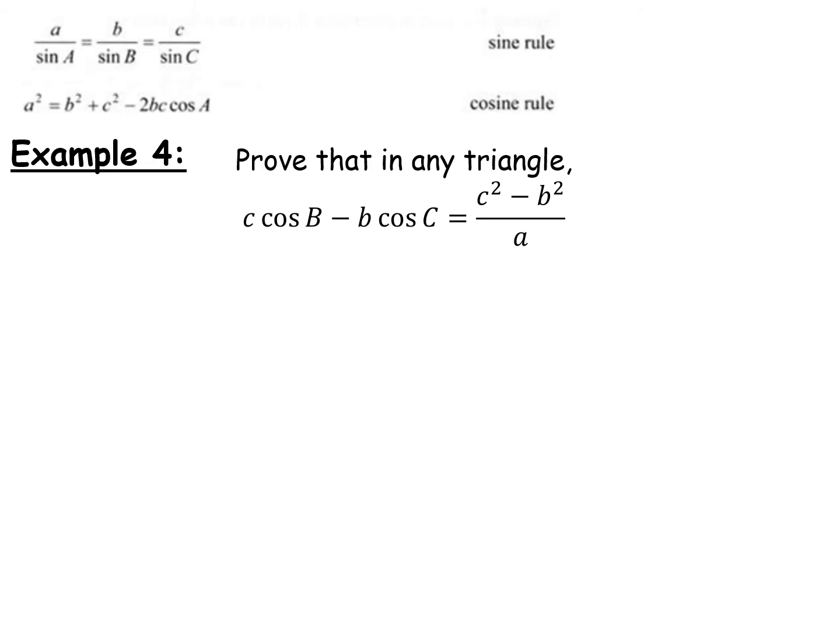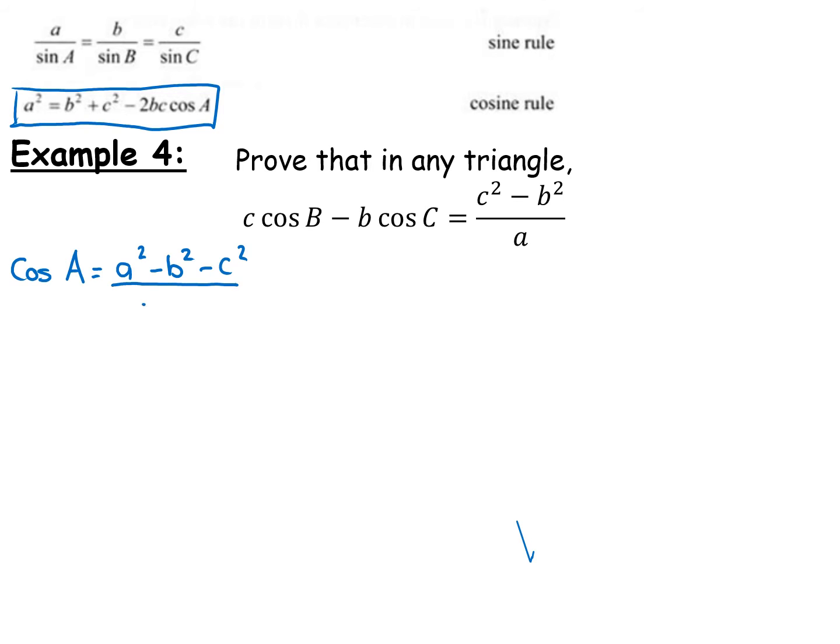And we can rearrange our cosine rule. So I'm going to take the cosine rule as is, so this one here, and I'm going to rearrange that so that I get cos A is equal to A squared minus B squared minus C squared all over minus 2BC.